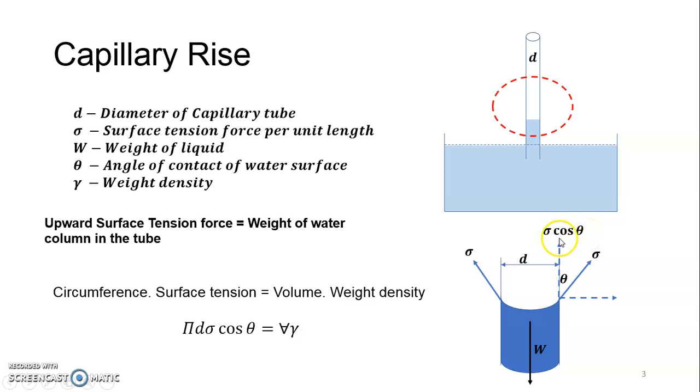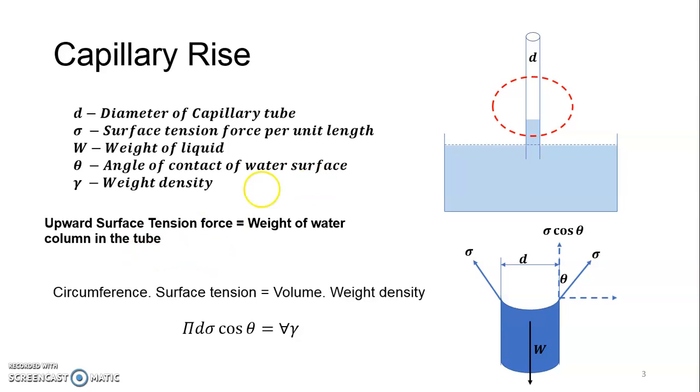There are primarily two forces. One is the force calculated from the surface tension, and the other is the weight of this liquid, which is standing for a height of h here. So here the upward surface tension force equals the weight of the water column in the tube, for a compatibility condition.